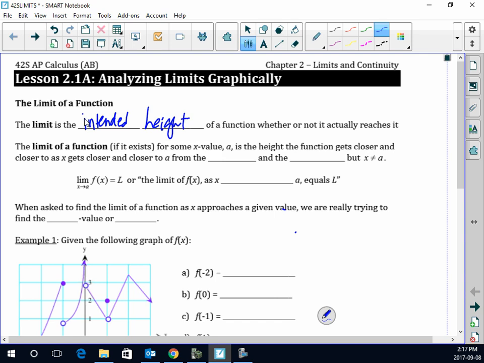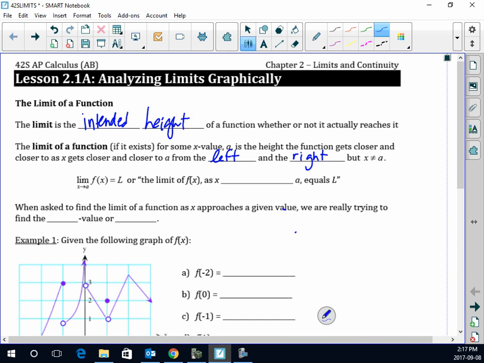So a limit of a function for some x value a is the height the function gets closer and closer to as x gets closer and closer to a from the left and the right, but not actually at the actual point a. So here's the verbiage or the math equation of what we're talking about.